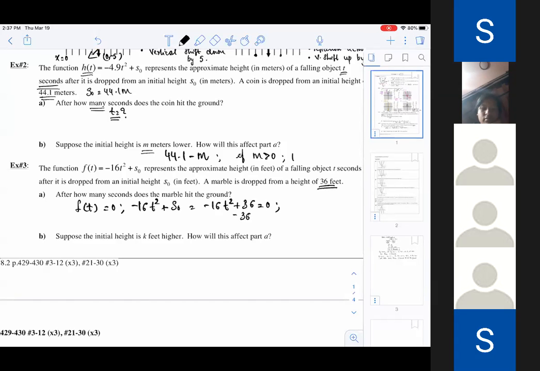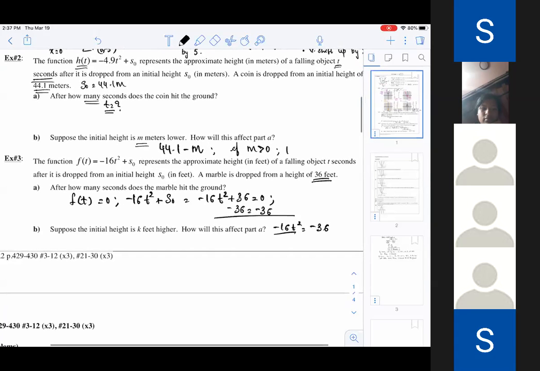You subtract 36 from both sides, so you'll get -16t squared equals -36. Divide by -16 on both sides. What is -36 divided by -16? 2.25, I think.